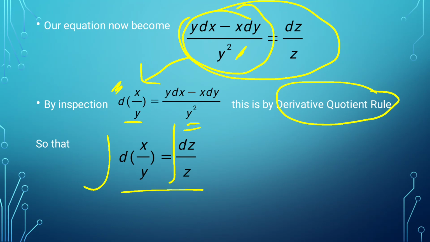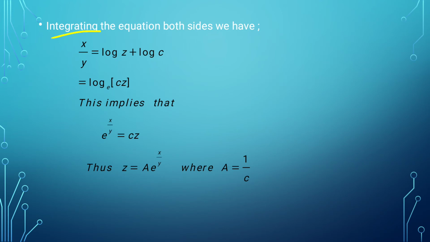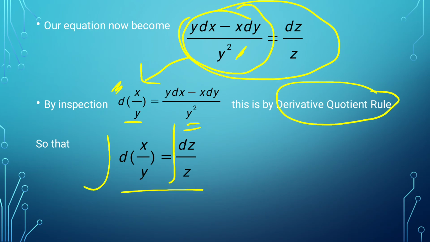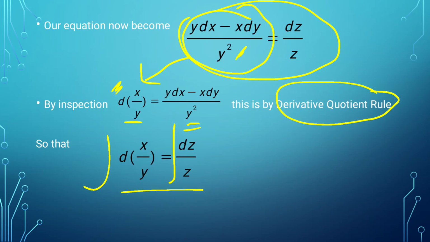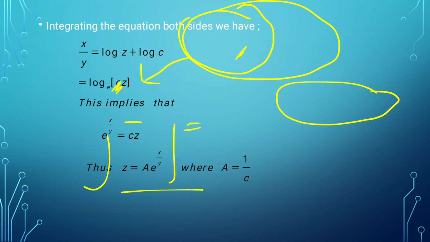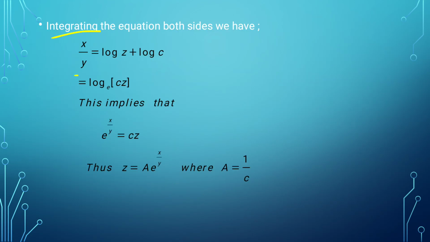When you integrate both sides, you'll find that the left hand side will give you x over y, and the right hand side will give you ln of z plus ln of c.